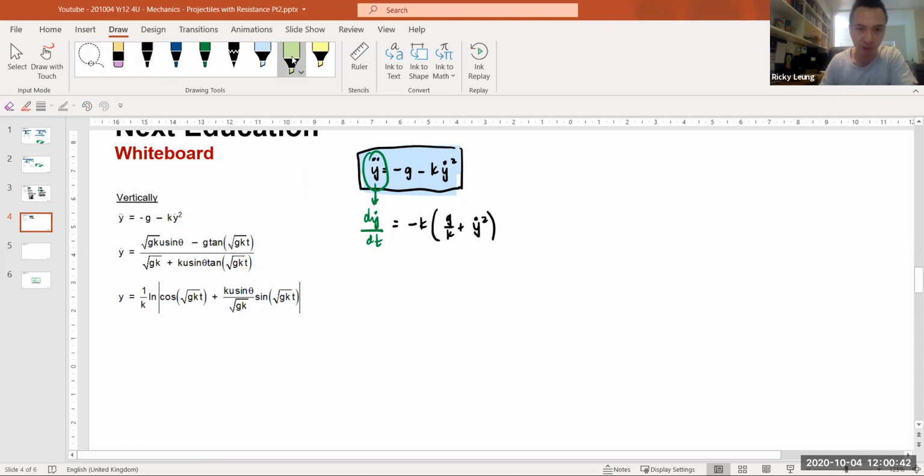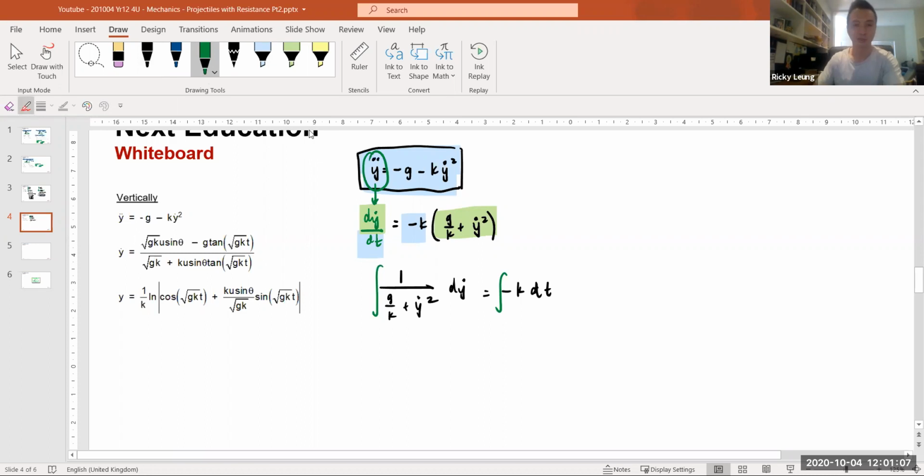So when I use my differential equations, these guys go on the same side. The dt and the minus k go on the same side. So I have an expression that sort of looks like this, ready for me to integrate. That's minus k dt. Let's integrate both sides. Now let's see where this takes us. It looks completely messy because of tan inverse, and that's not a nice sort of whole number.